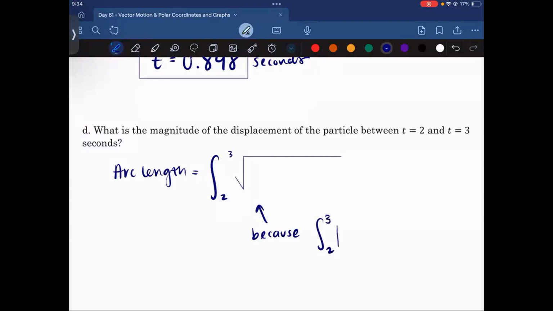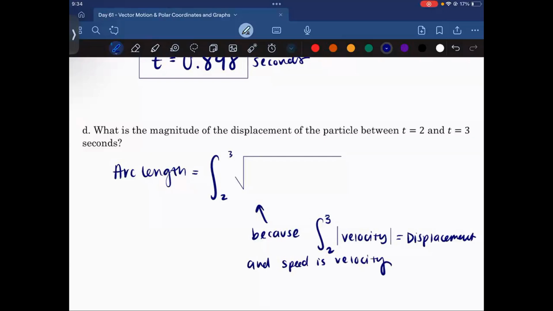2 to 3, the absolute value of velocity equals displacement, and speed is velocity. So that's what we're looking for.